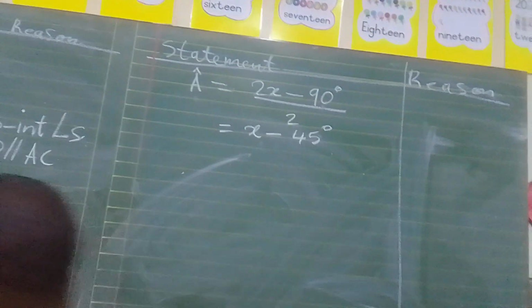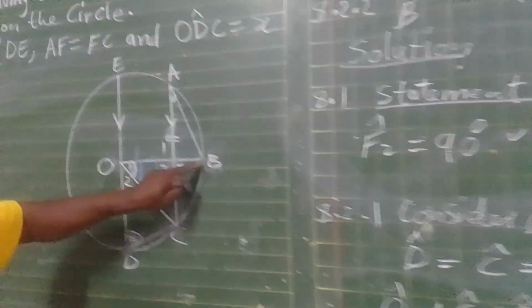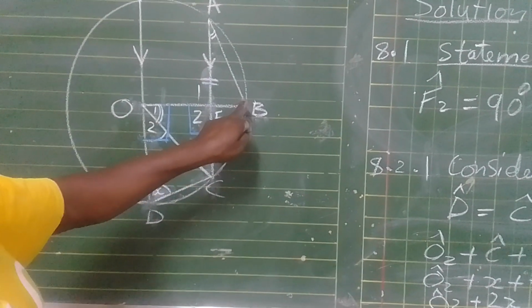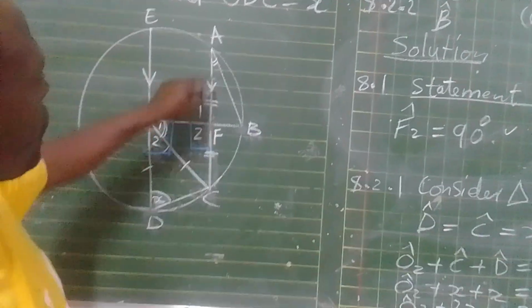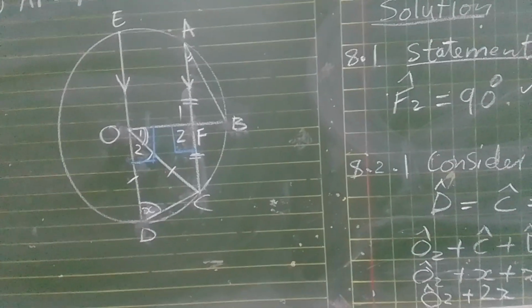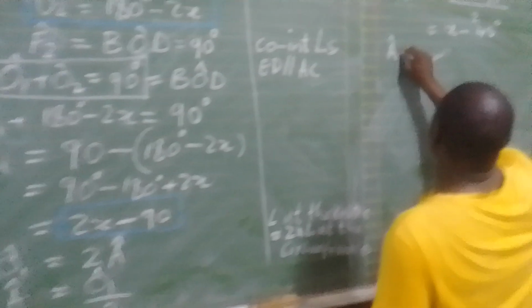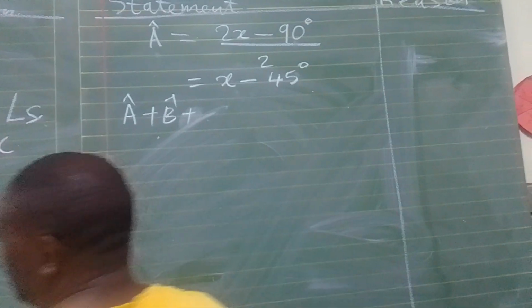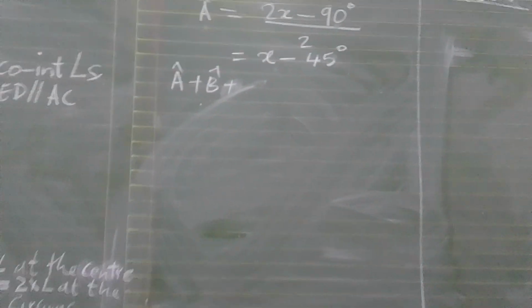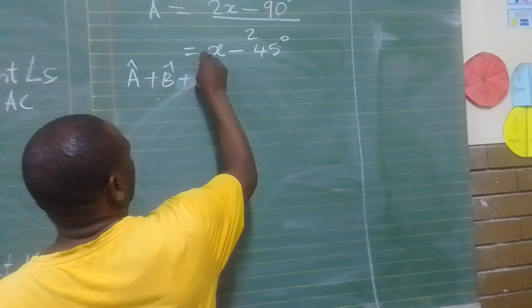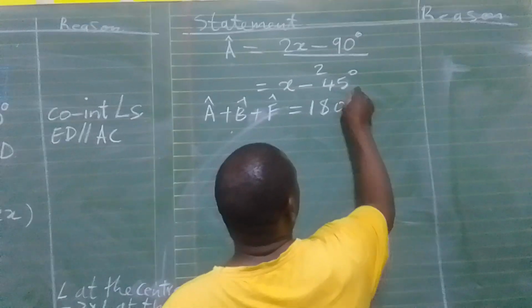Now we can find the value of B here. We know this angle, we know this angle, we don't know this angle. Then we can represent this angle in terms of x. So we say A plus B plus F equals 180 degrees.